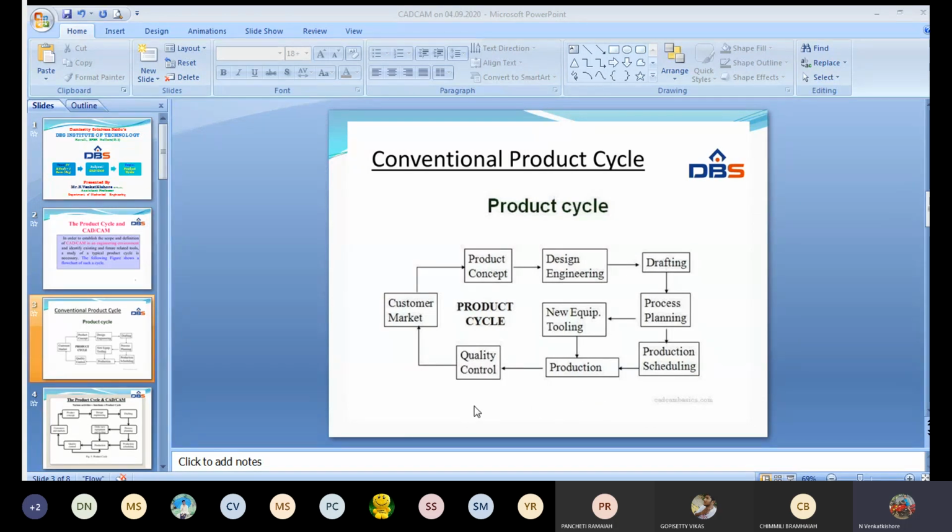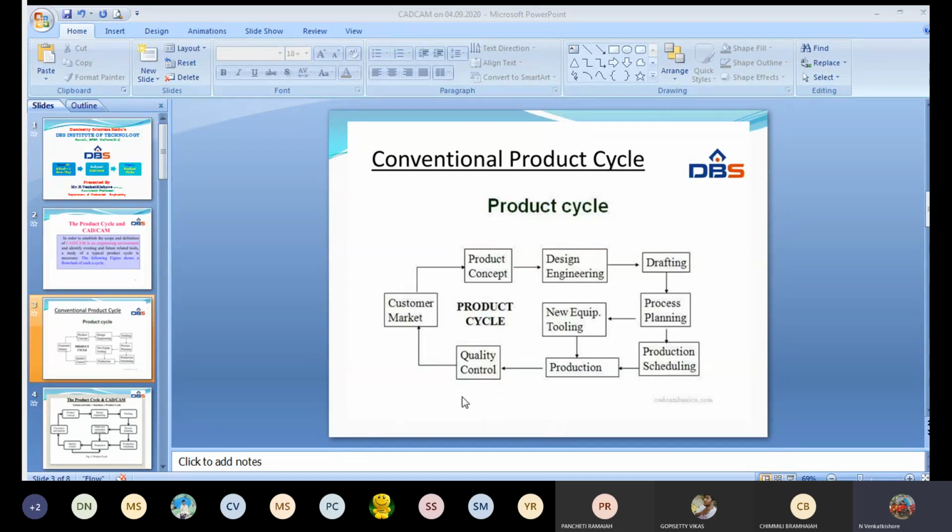Then after production, go for quality control. After the quality check is okay, the product goes to the market. Okay, suppose the quality check is wrong, that means the quality of the product is not good, then the quality control will reject the component and send it back to production.